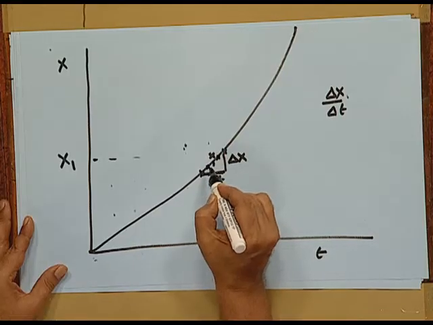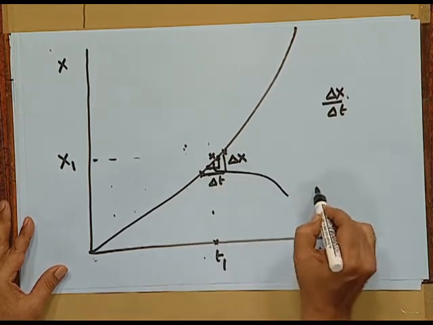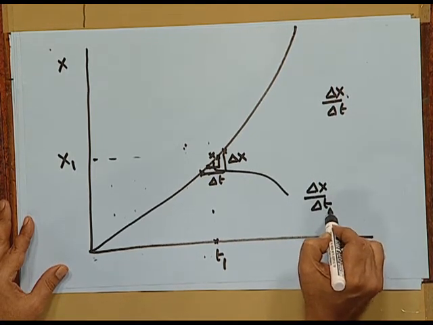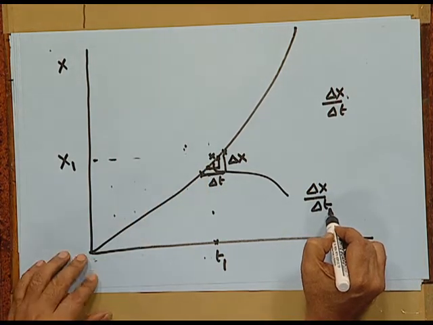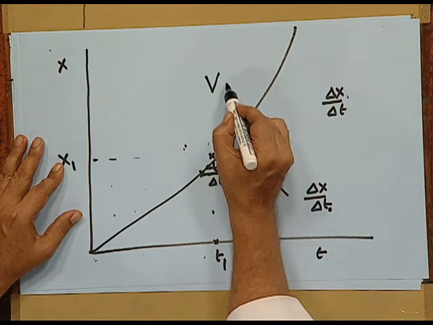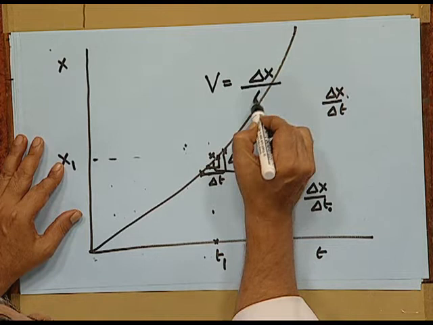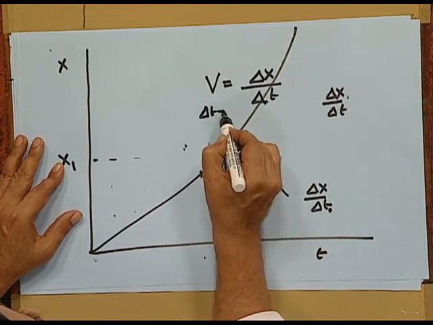Around this point, take 2 points very close by, make delta t very small, find delta x, and again find delta x by delta t, with this delta t being smaller than the earlier one. Go on doing this. What we mean by instantaneous velocity at a certain time, represented by v, is delta x by delta t for small intervals of time, with delta t tending to 0.